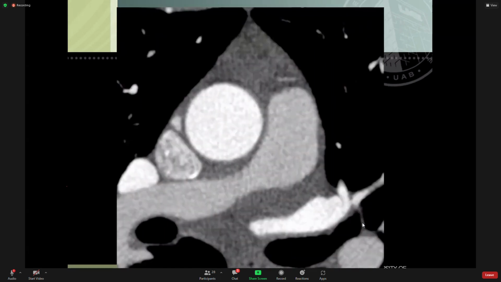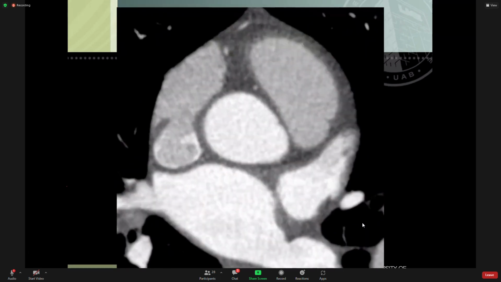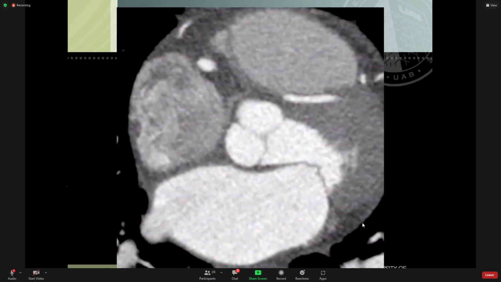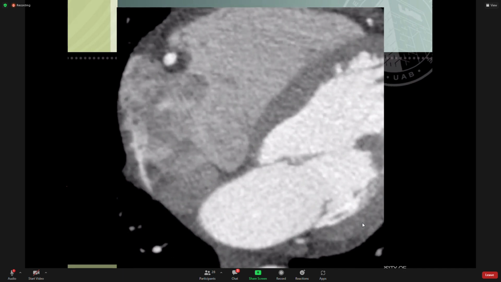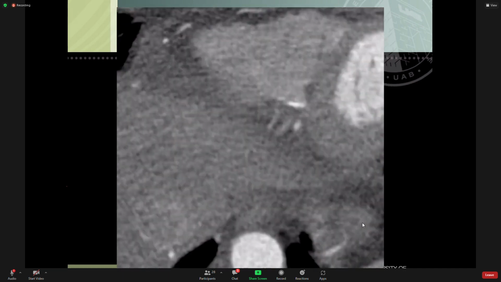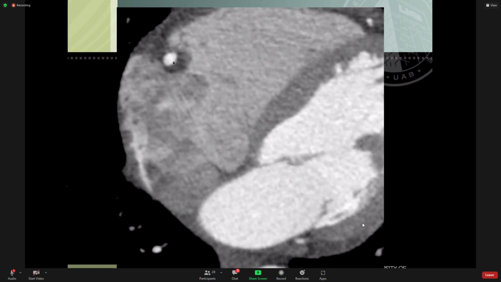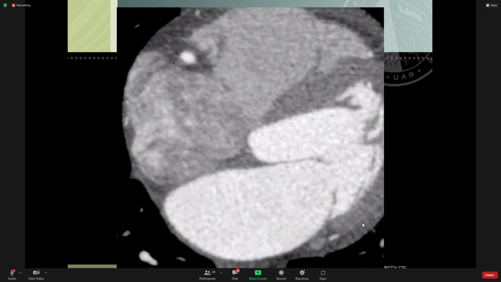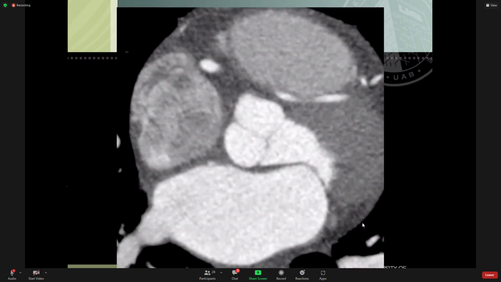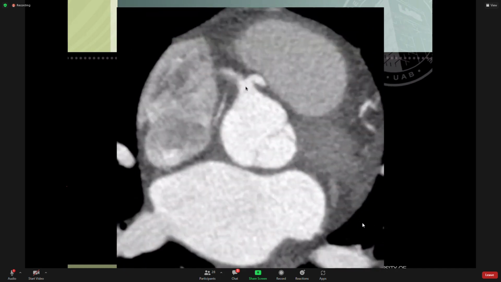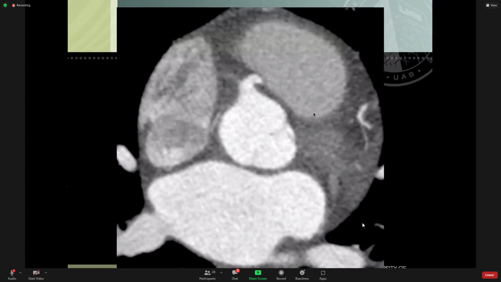Here's another case. And we're getting low on time, but I'll go quickly. This is an important one. So I'll scroll through. We see we have our RCA as a normal origin from the right cusp, but we also have this vessel coming off.